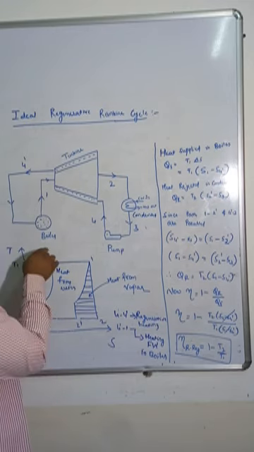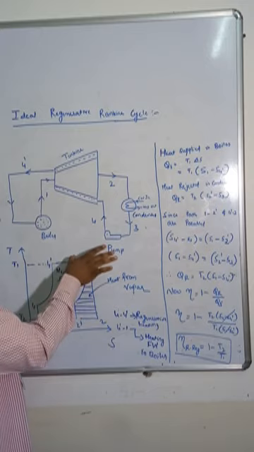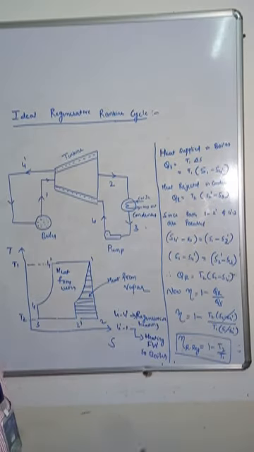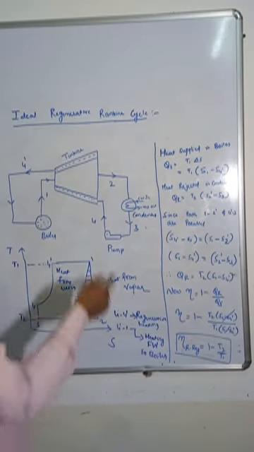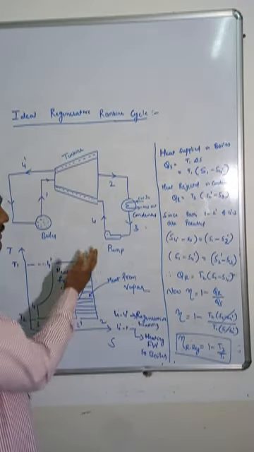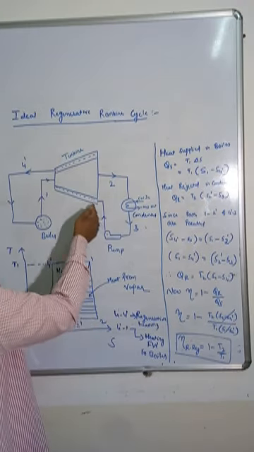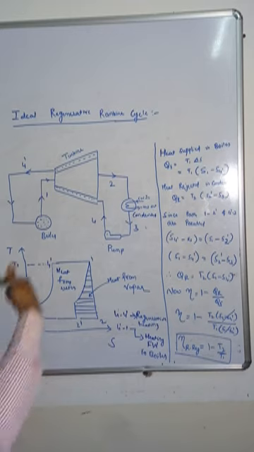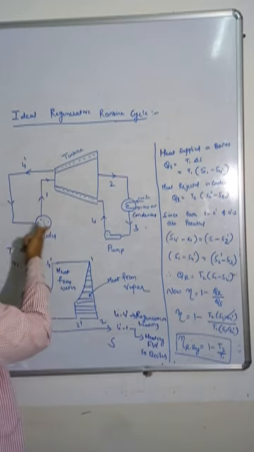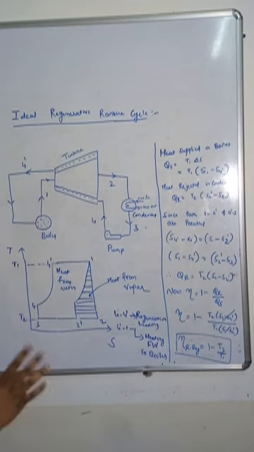Am I spending any extra equipment or extra fuel for heating this feed water? No, I am just passing the feed water through the casings of the turbine, taking it out and passing it to the boiler.